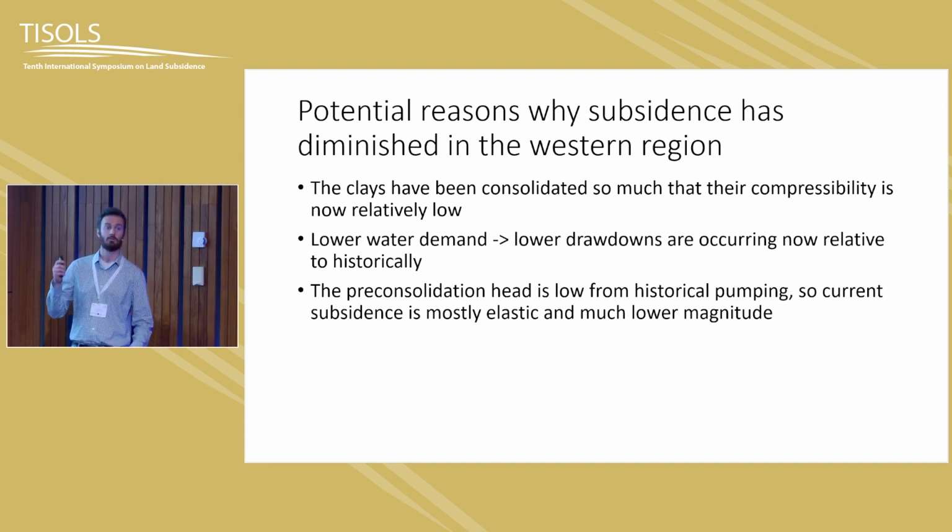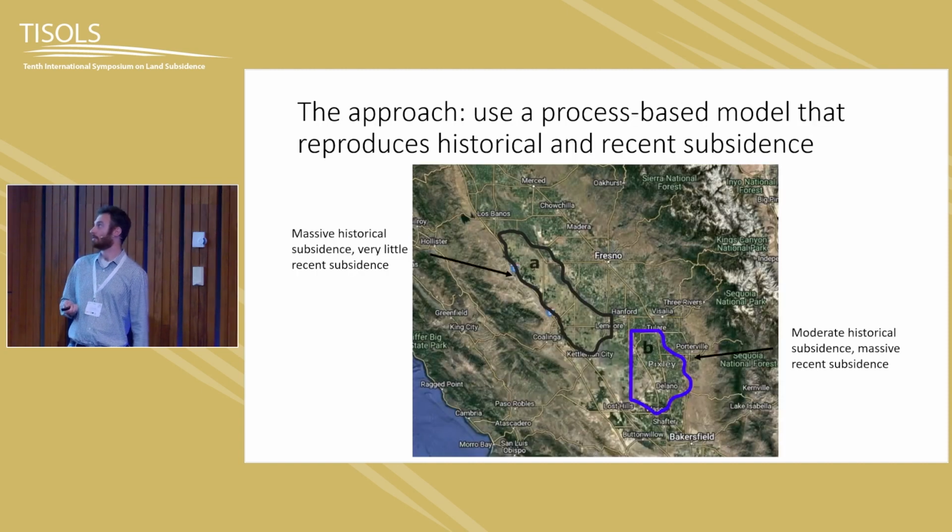So maybe these clays are just really over consolidated and there's not a lot of potential for future consolidation. We have lower water demand, so maybe the water levels are just totally stabilized. And then maybe we have a really low pre-consolidation head and we're just not low enough yet in our current round of drawdowns.